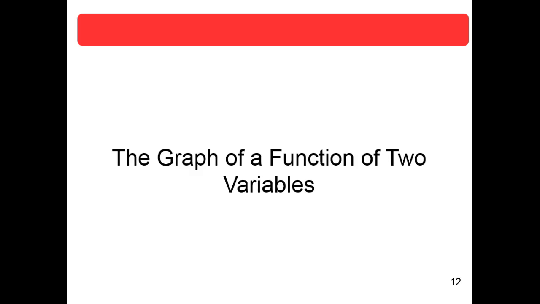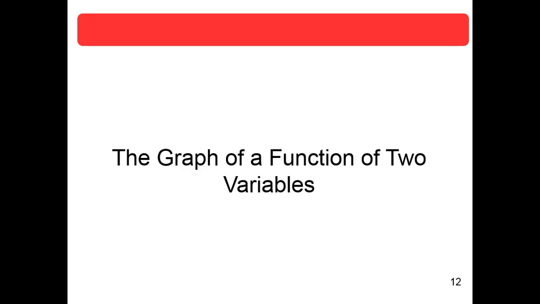Now, I wish I had turned the page earlier. I'm talking about page, have you got a text? Okay. 13.1, page 872. It says, without using a graphing utility, describe the graph of each of these functions with two variables. Z is equal to x squared plus y squared.